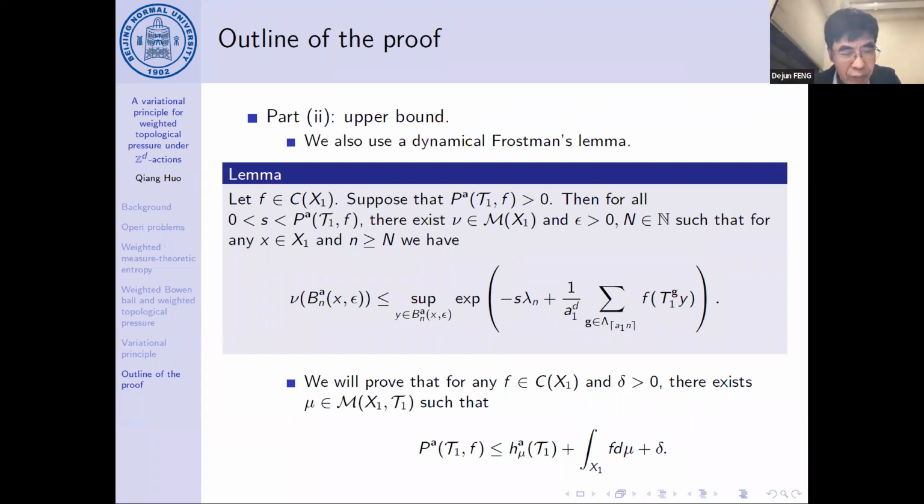So we use a special combinatorial argument so that the constructed measure, after some averaging, converges to some invariant measure. And it seems quite difficult to follow the original approach.